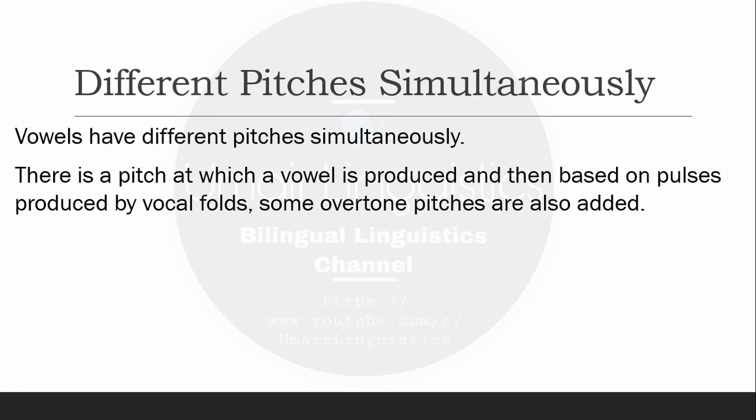When we produce a vowel, each vowel has multiple pitches simultaneously, so our vocal folds vibrate constantly, and the vibrations differ at different points of time in each vowel. Therefore multiple pitches are produced, and overtone pitches are added in each vowel.